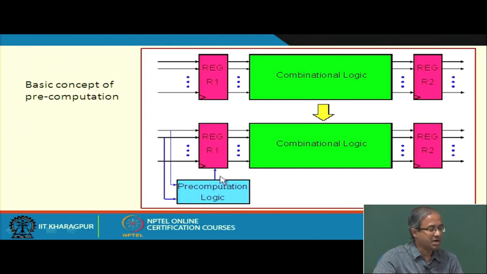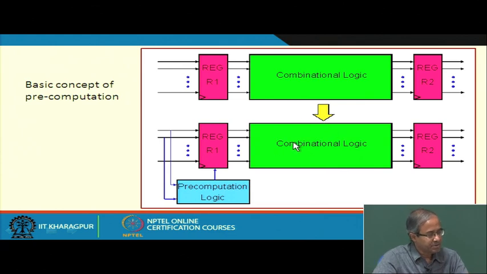So, this will be like a clock gating, where normally clocks will be coming, but if some specific patterns are there, we do not need this extra computation to be carried out, which means if I do not load this register, the outputs will not be making any transitions, which means within the combinational circuit also there will not be any transitions. So, I am avoiding dynamic power consumption here.